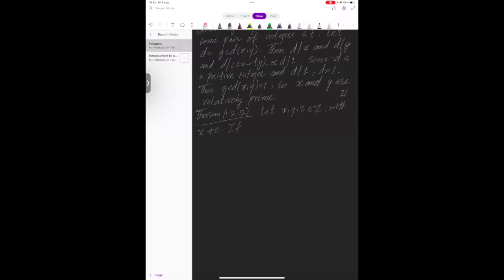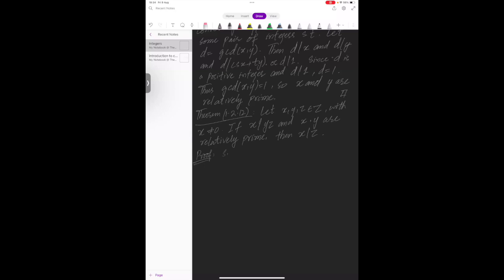If x divides the product yz, and x, y are relatively prime, then x also divides z. You can prove this. This is a simple one.